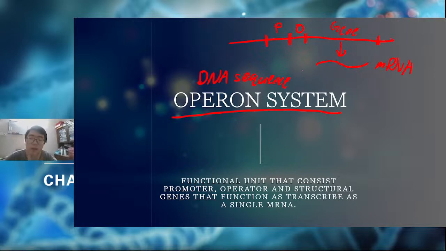So this is the definition of the operon system. This is the gene sequence that contains promoter, operator, and the structural genes, which will be transcribed to form mRNA. So what is meant by promoter and what is meant by operator?